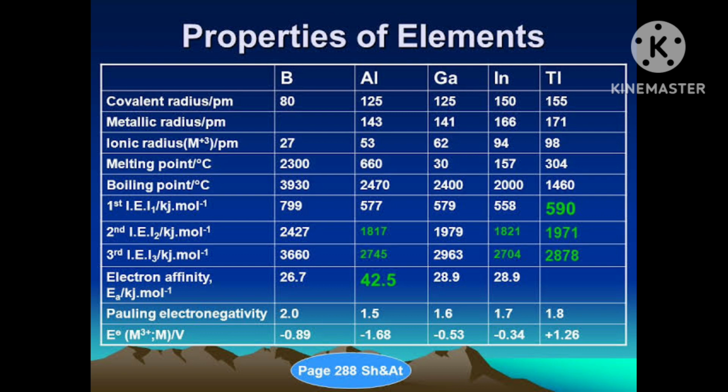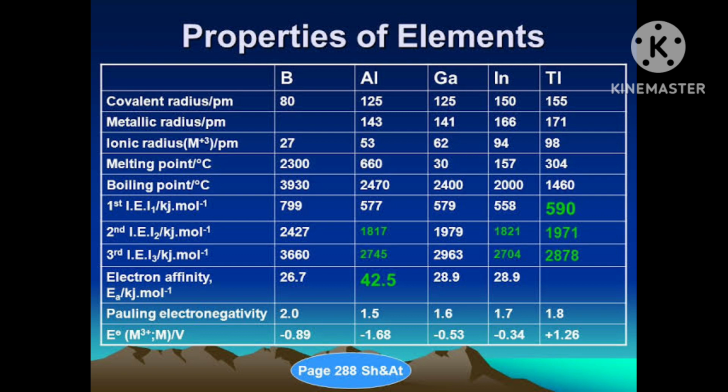The difference in electronic structure affects the other properties and consequently the chemistry of all elements of this group. Now one by one I am telling you.